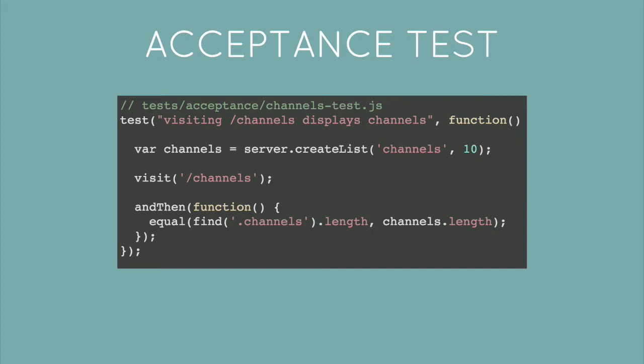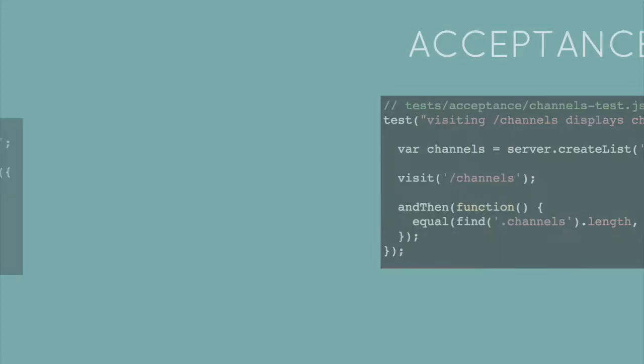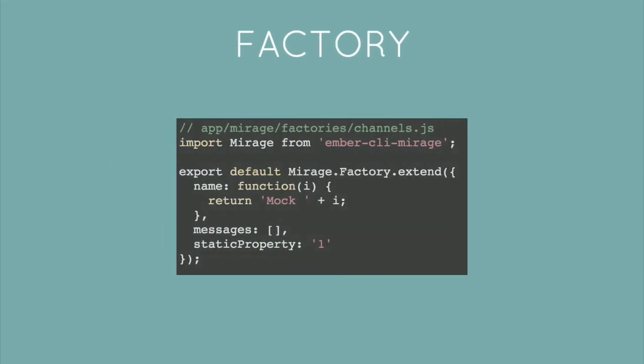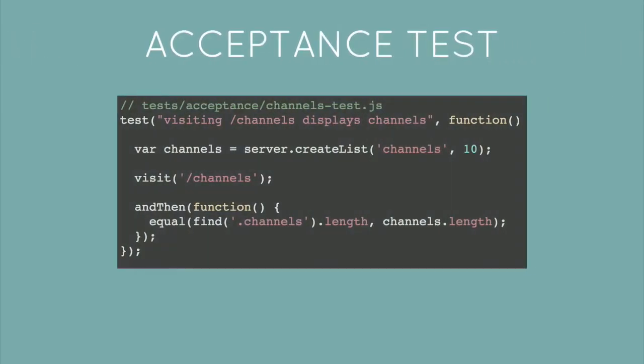This one, createList, takes as its first parameter channels, which is the name coming from the factory. Another note: the file names under all these are going to be plural, and that's just a standard set by Mirage itself.